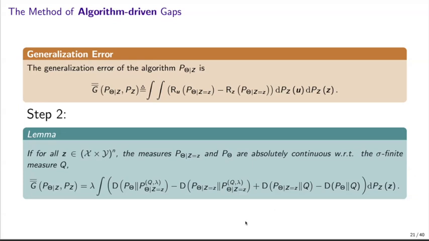So why are we interested in writing something that was understandable by everyone, just a difference of expectations, in terms of relative entropies and so on? Well, there are many reasons for doing that.